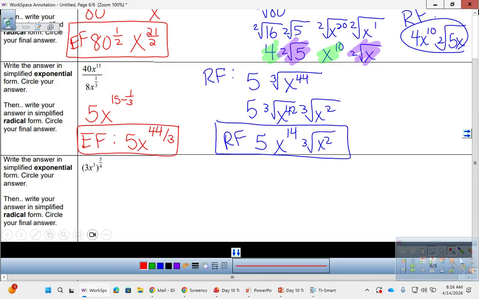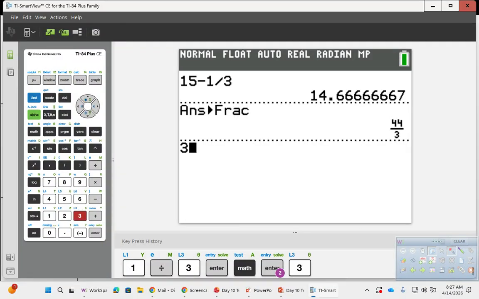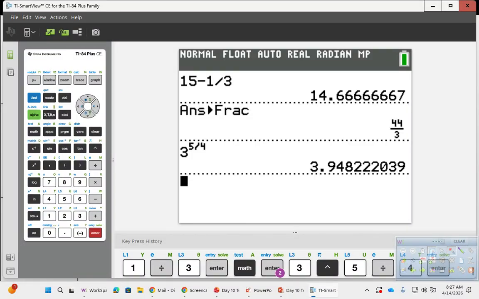Last one is the power property. That says we raise the coefficient to whatever power's on the outside, we keep the base, and we multiply the exponents. All right, so 3 to the 5/4. If you have that other calculator, the 5/4 needs to be in parentheses.